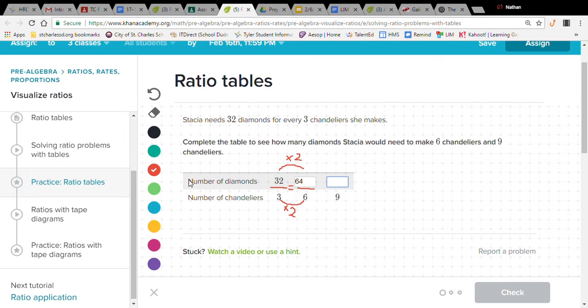So probably the best way to solve this part over here is to think about it as a proportion. So now we're looking at this ratio, 64 over 6 equals some number over 9. So we're going to cross multiply 64 times 9. 64 times 9 is 576.